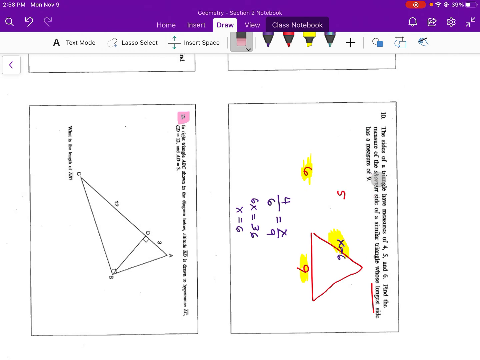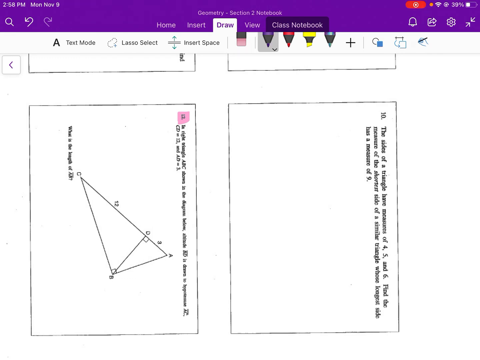Oh, this one I forgot to erase. I made one video, didn't like it, made it again. Okay, so now I have the sides of a triangle have a measure 4, 5, and 6. So I just randomly draw 4, 5, 6. It doesn't even have to be to scale or anything. I have a similar triangle whose longest side measures 9.